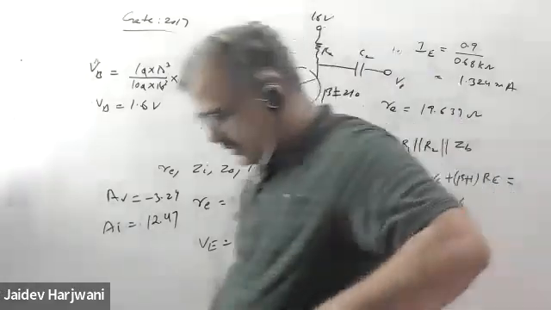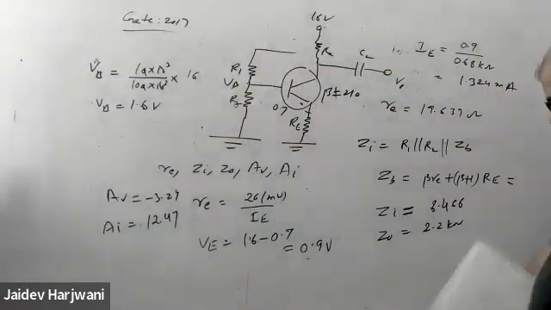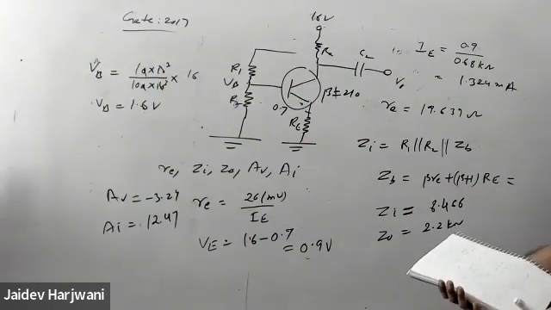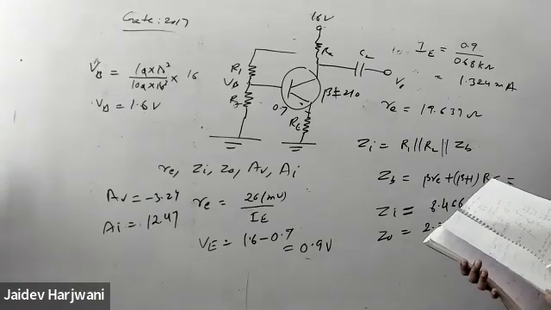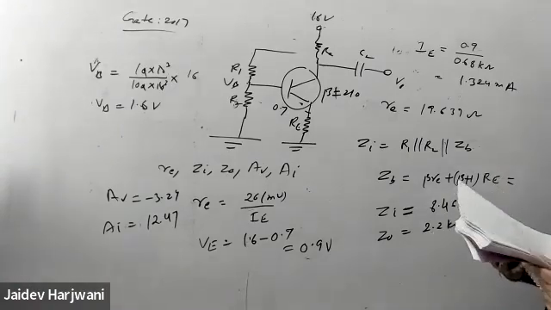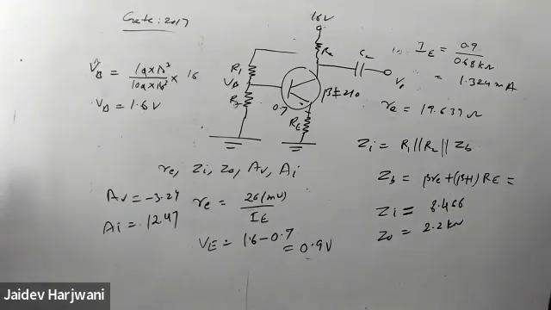Okay, so gain formula will be same. Any question? ZI is in ohms or kilo ohms?